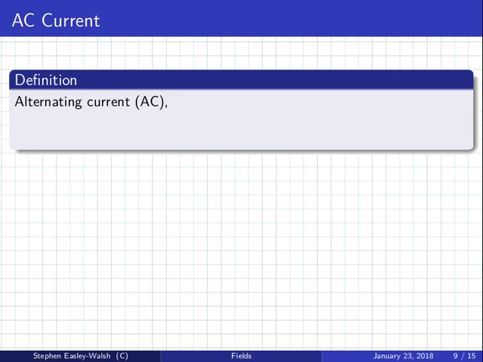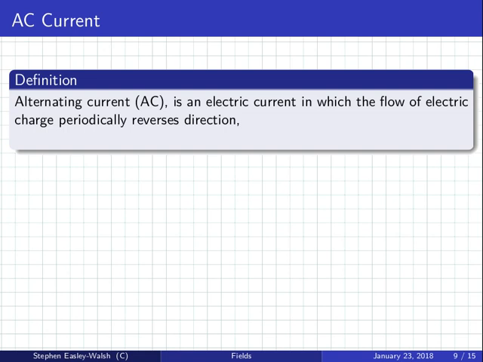Okay, so continuing. We haven't actually given the definition of AC. So alternating current is an electric current in which the flow of electric charge periodically reverses direction. What does this word here mean? Periodically. You can't give a definition like this, okay?